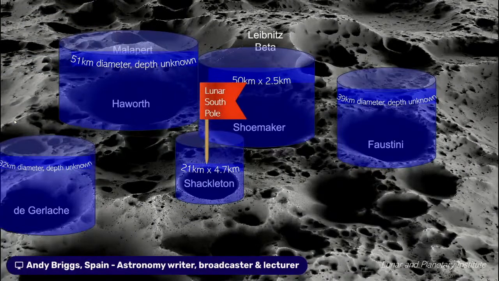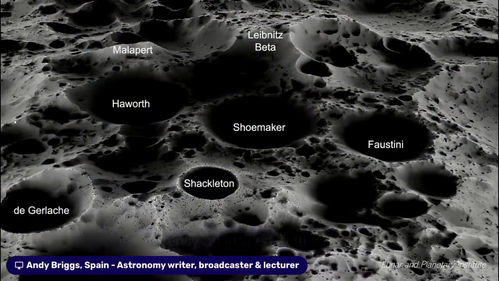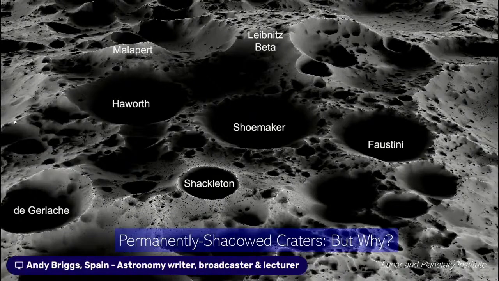De Gerlache, 32 kilometers wide and depth unknown. So you've got some pretty wide craters here, and some very deep ones. And you can see the ridges between the craters, making the whole landscape look really mountainous and big. Now, interestingly, a lot of these craters are in permanent shadow.